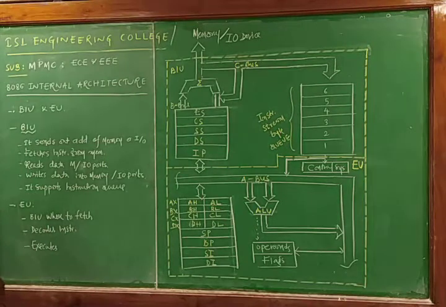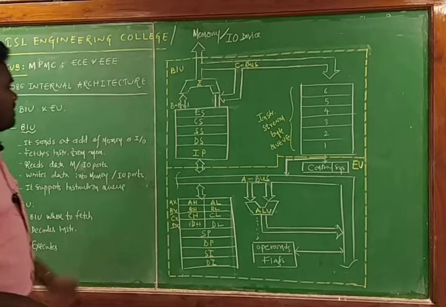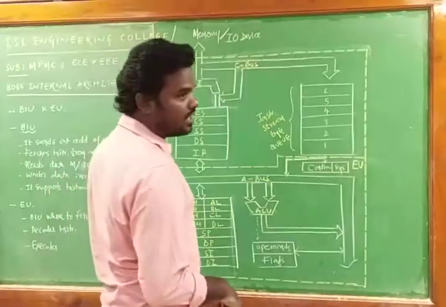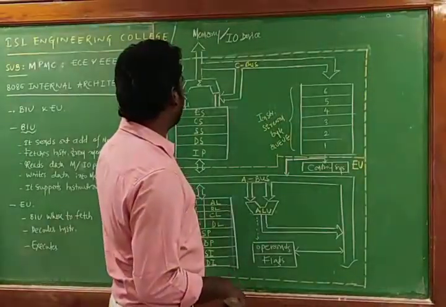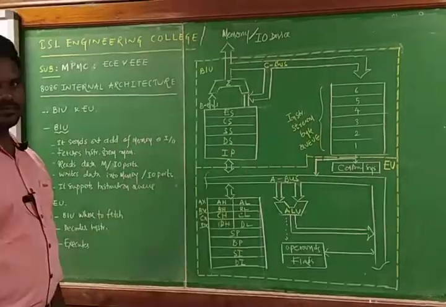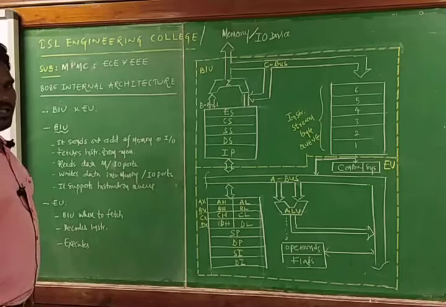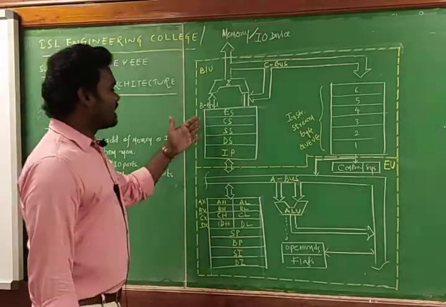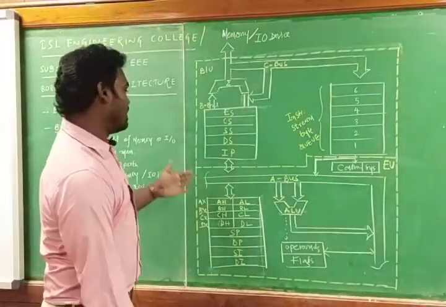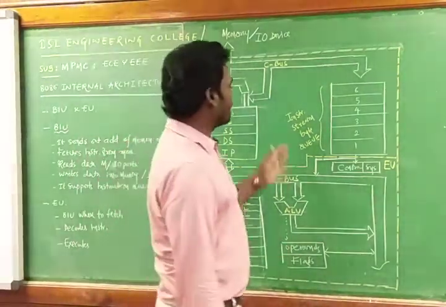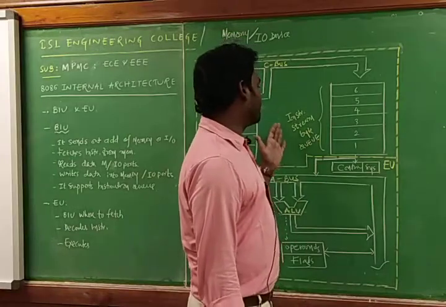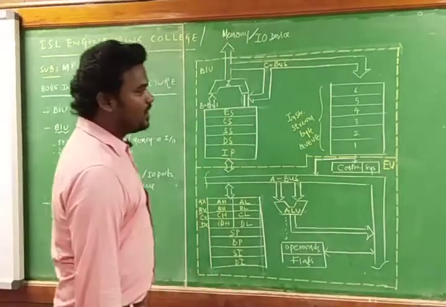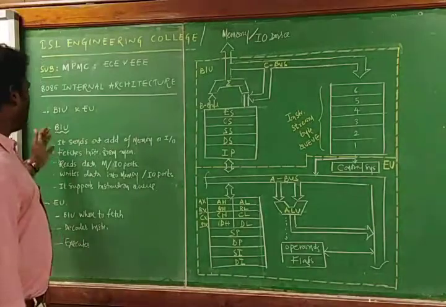In order to perform all these functions, the bus interfacing unit is required to have some segment registers and pointer registers, and it requires the instruction stream byte queue, and only then can it perform all these functions.